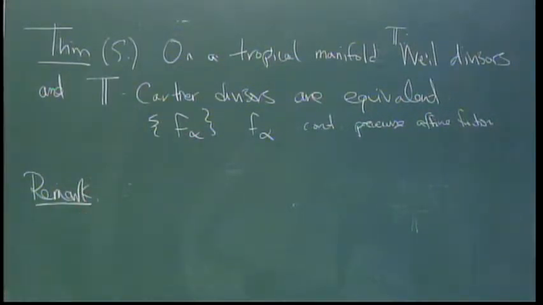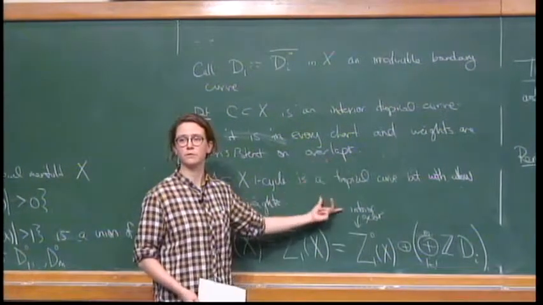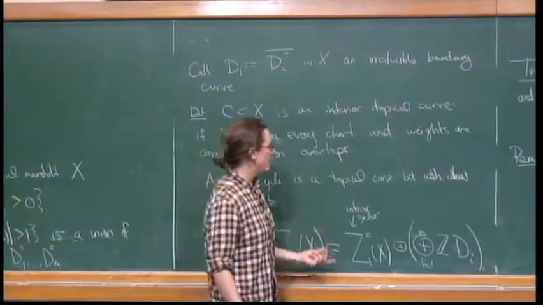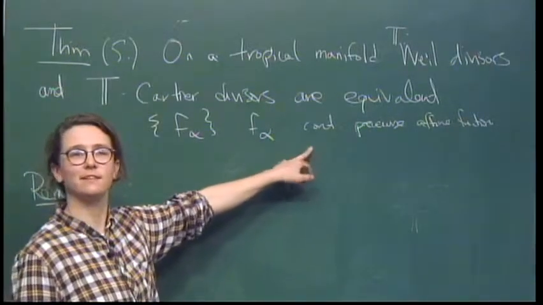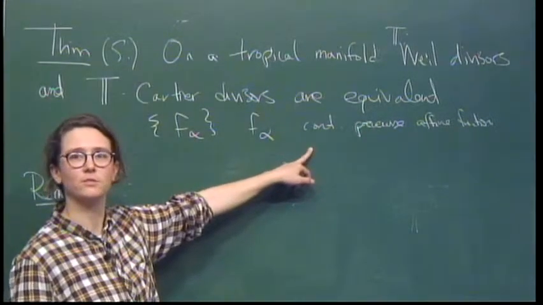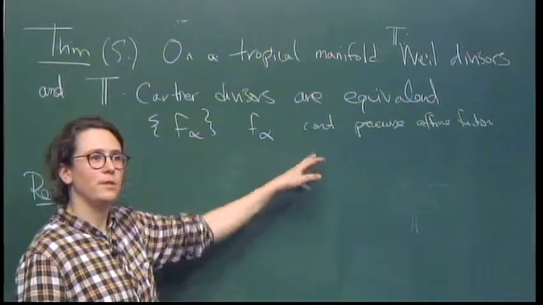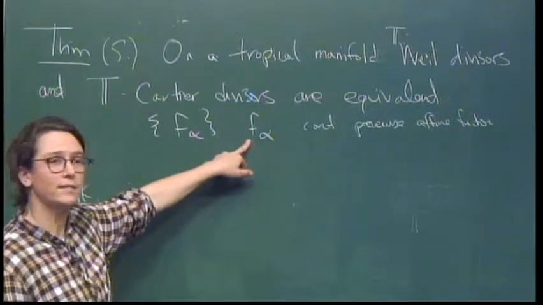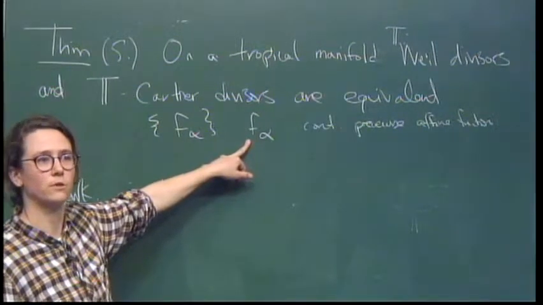is that we can talk about effective divisors. So an effective V divisor would be just all of the weights are positive. So if we're in the case of a surface, it means you have a tropical curve. Okay? And for an effective V divisor, well, we saw last talk, there was this difference between tropical regular functions, which are given by polynomials, and tropical rational functions. And so we can use the same idea here, that an effective Cartier divisor is one that is given by regular tropical functions.